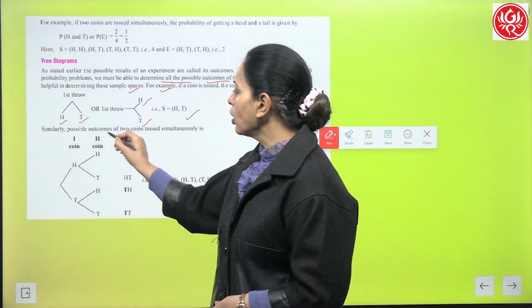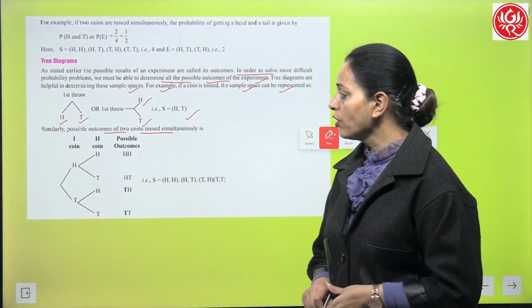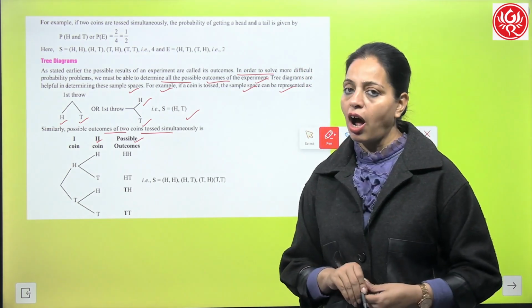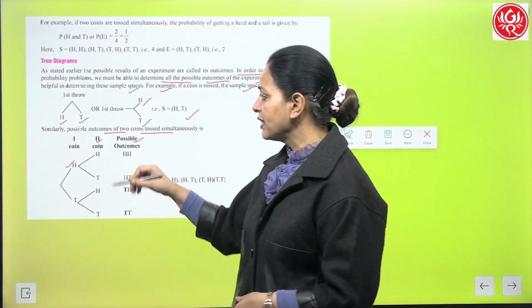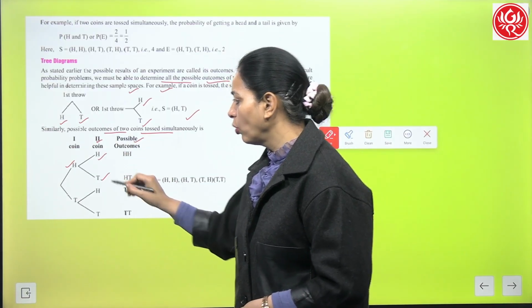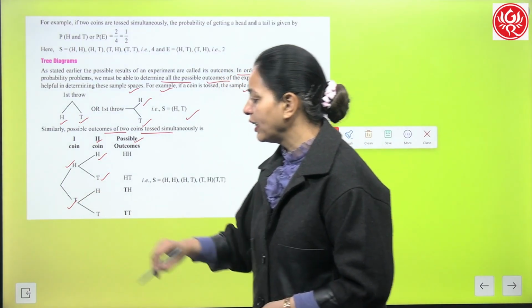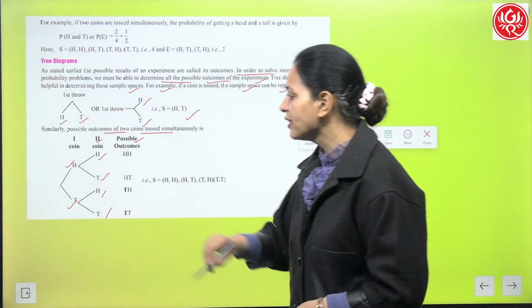Similarly, possible outcomes of two coins tossed simultaneously is first coin, second coin, and this is the possible outcome. So first coin we are getting head, and the second coin may be head or tail, right? And the first coin we are getting tail, and here head and tail.